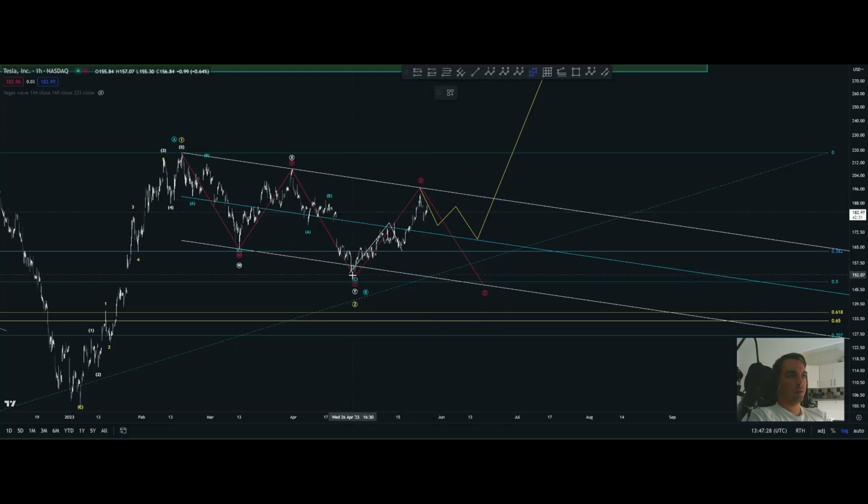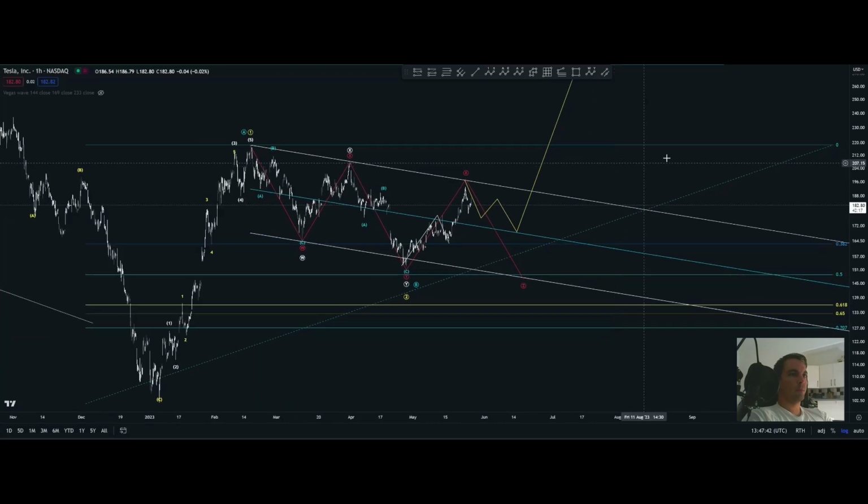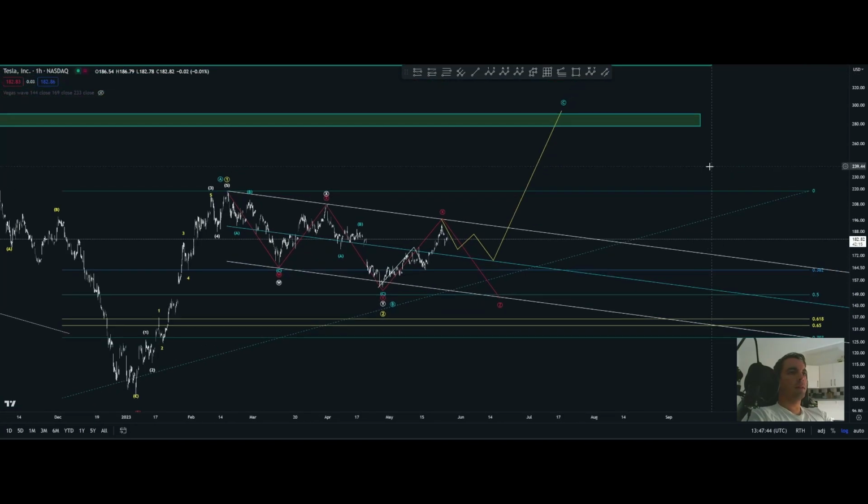If it does some sort of break, then I have more confidence of this being an impulse. For the moment, no. Anyway, I think longer term bias is still up. So buy the dip.